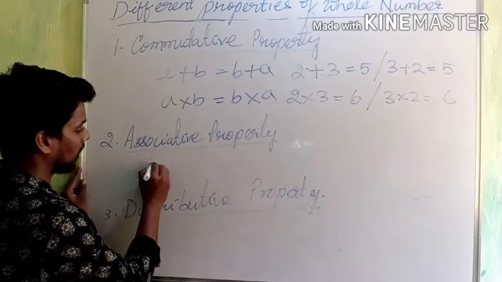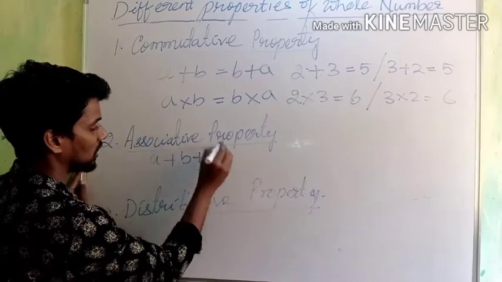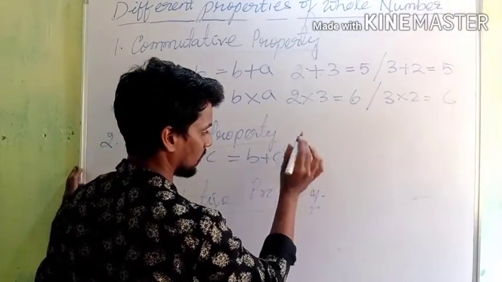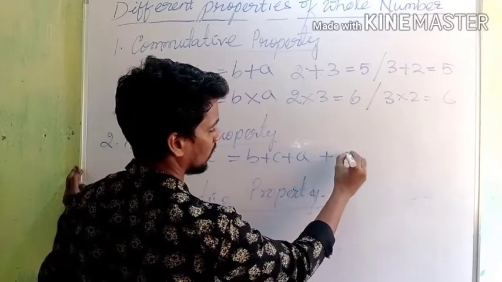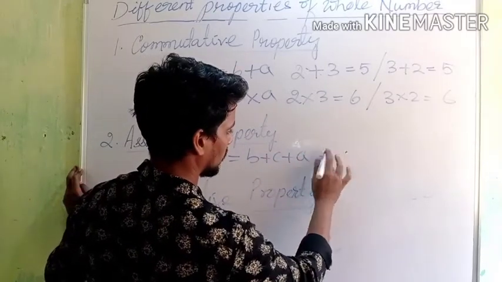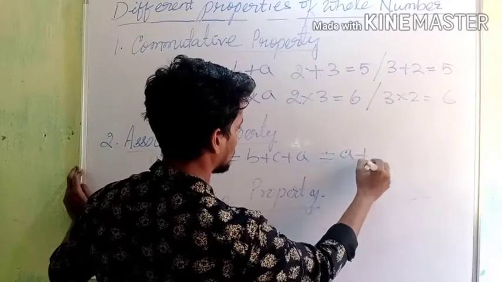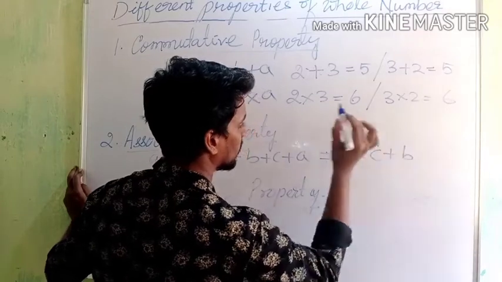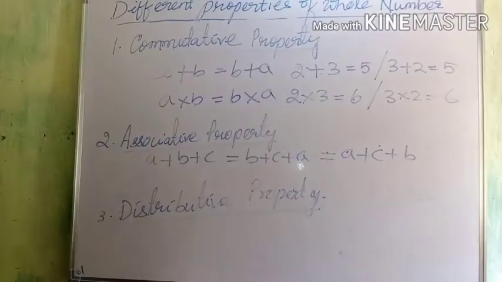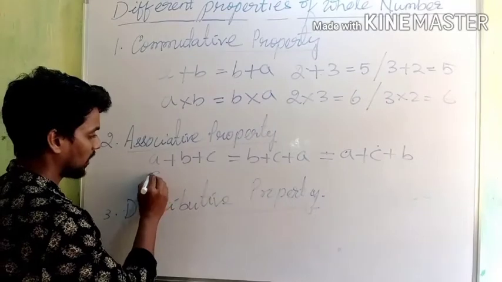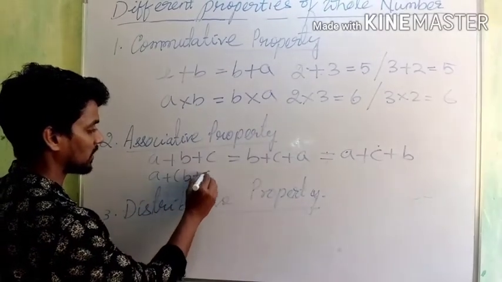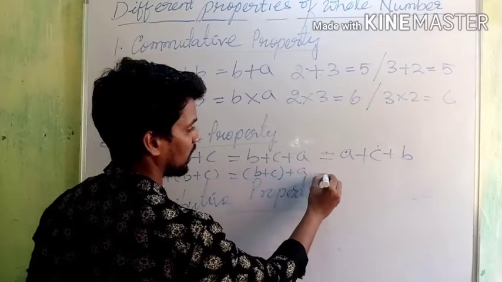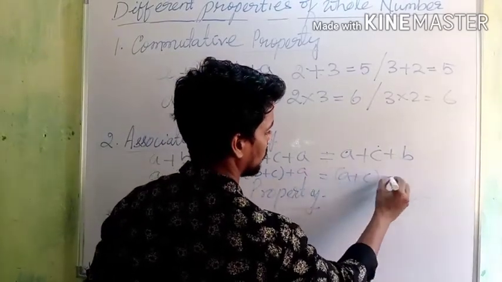Now, what is the associative property? Let us see. a plus b plus c, you can write b plus c plus a, or a plus c plus b.